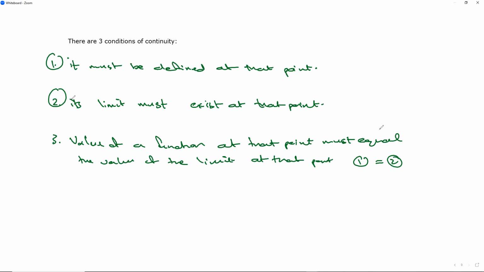Okay, so the three conditions of continuity visually. What does this actually mean? Let's see if I have to actually draw this. We would have different scenarios of continuity, where let's suppose I've got three different graphs. Let's say I get a few examples up here.